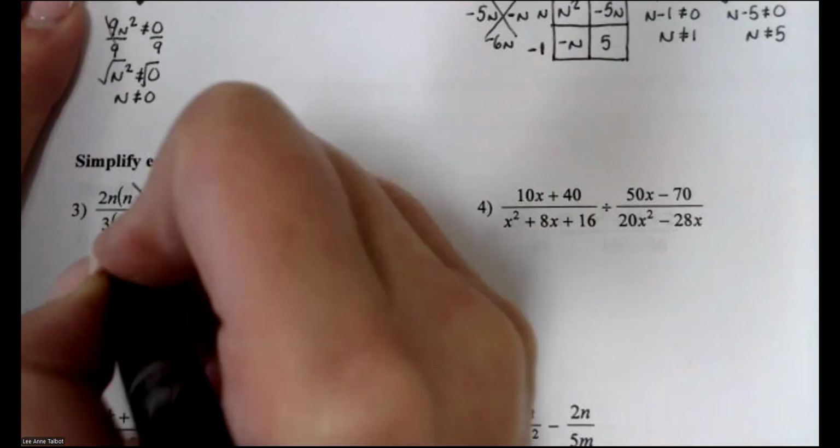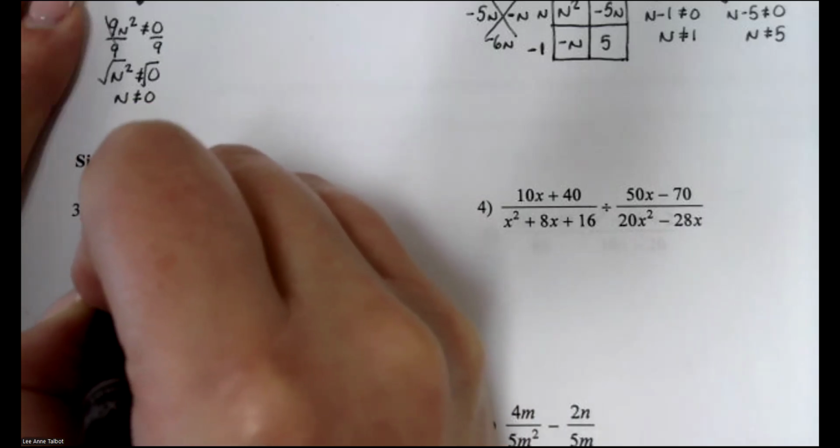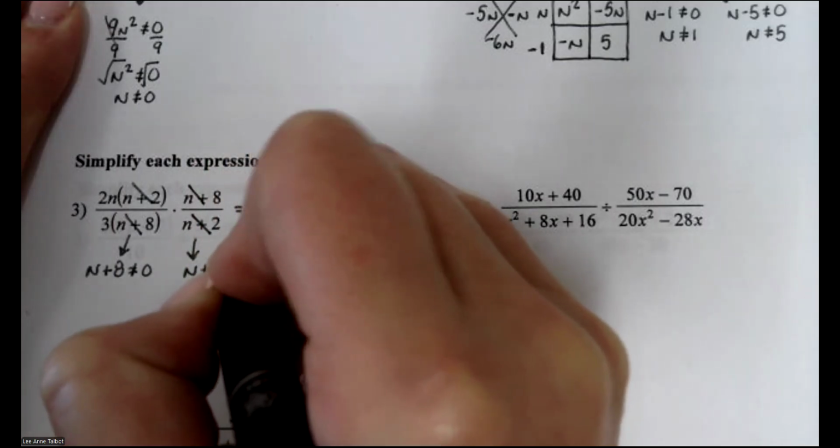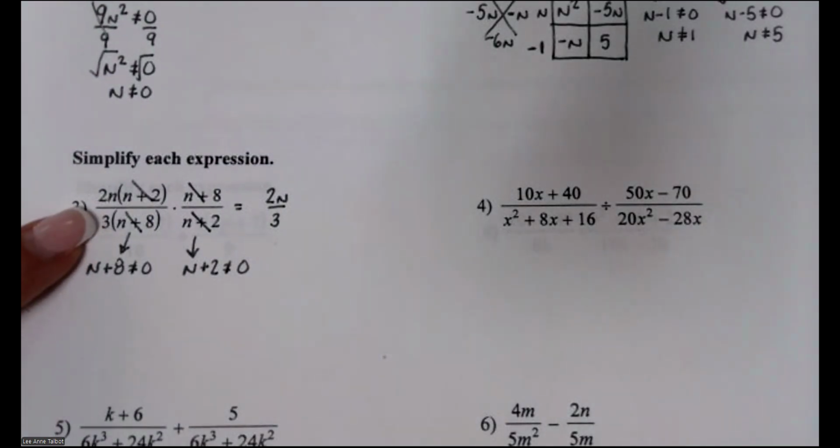Okay, now I'm going to go back though. Do I need to worry about the 3? Can 3 equal 0? No. We only have to worry about things with letters.